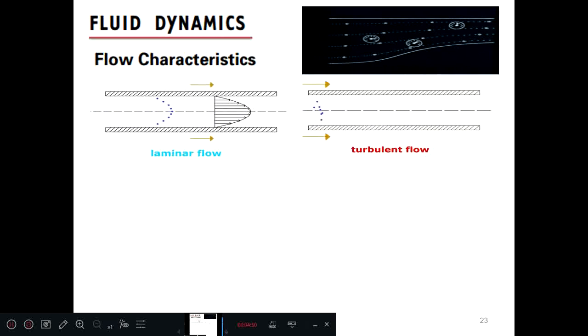Viscosity causes part of the kinetic energy of a fluid to be converted to internal energy. This mechanism is similar to the one by which an object sliding on a rough horizontal surface loses kinetic energy.